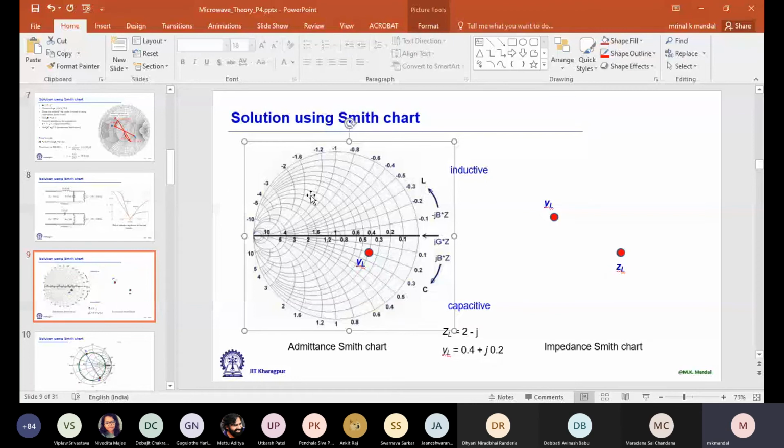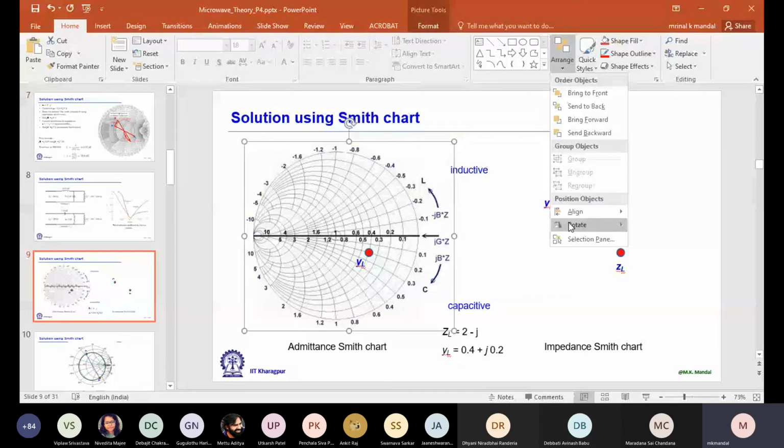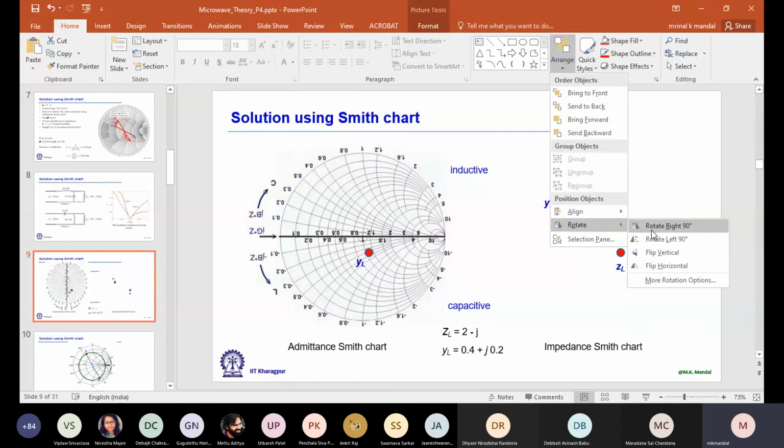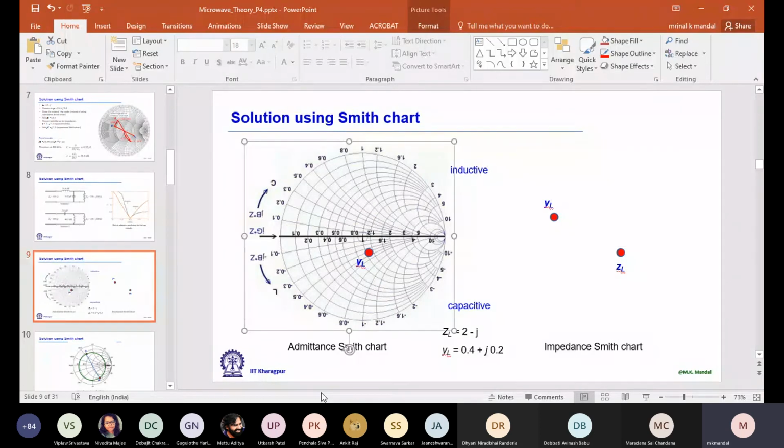So if I can go with this one approach, I can also rotate it by 180 degrees. Then how does it look? If I rotate it by 180 degrees, it is the admittance Smith chart.